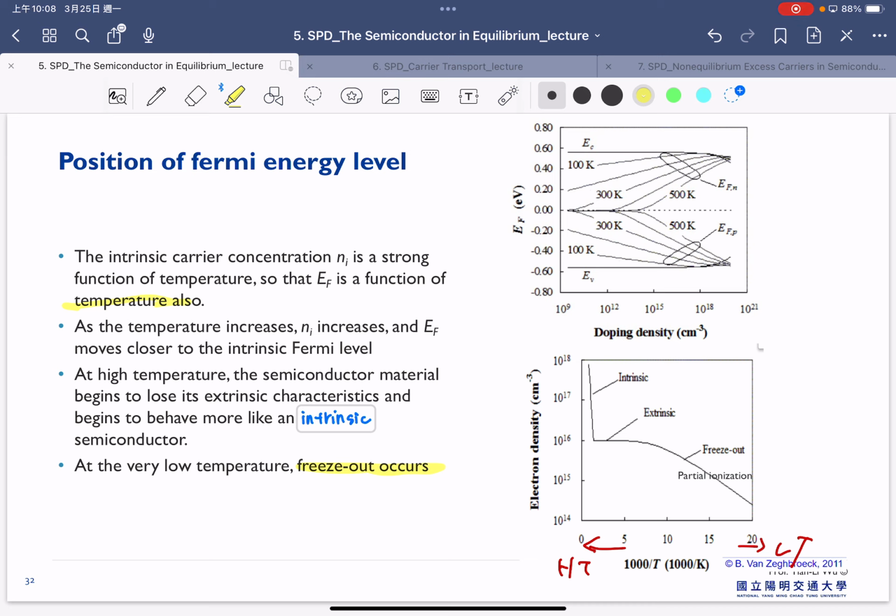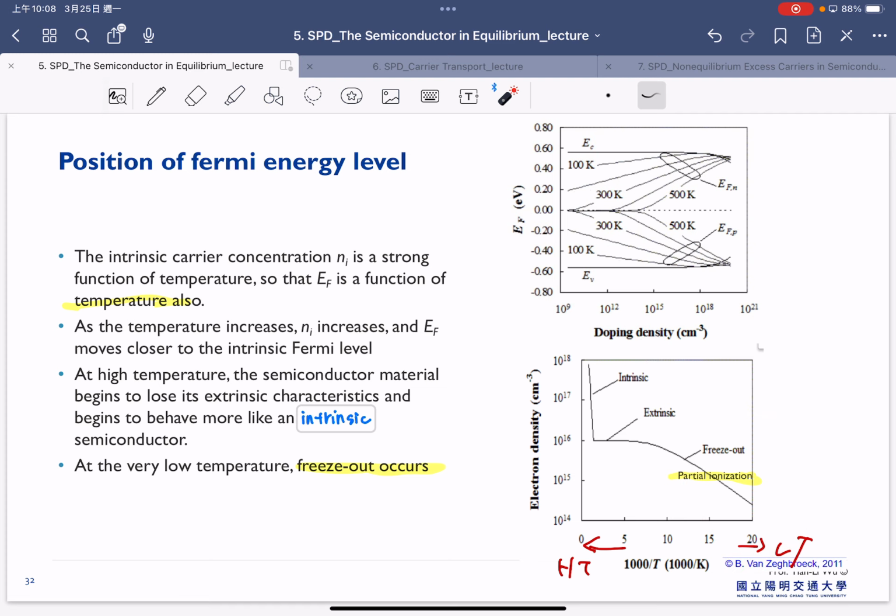So in this region we no longer have complete ionization; we have partial ionization. This is the case for extremely low temperature.